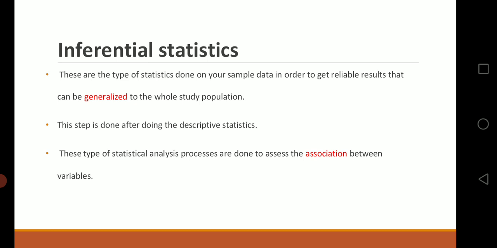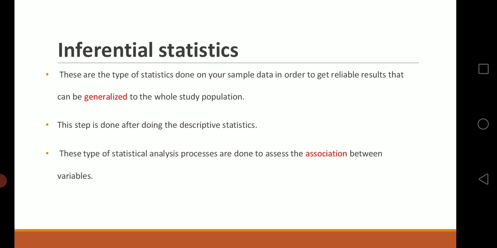But in the inferential statistics, we assess association between variables. Meaning we assess two variables or more together to find if there is association between the variables or not. In the descriptive statistics, we describe each variable on its own, but in the inferential statistics, we compare and we study the association between variables.